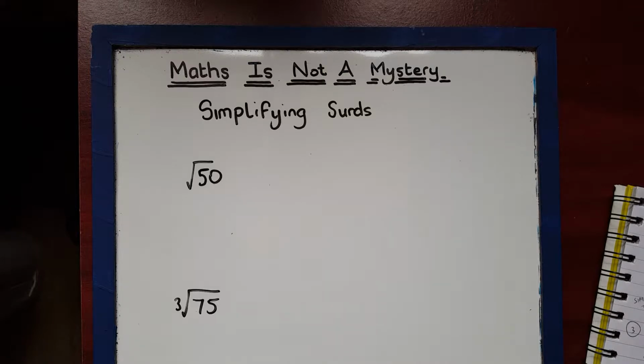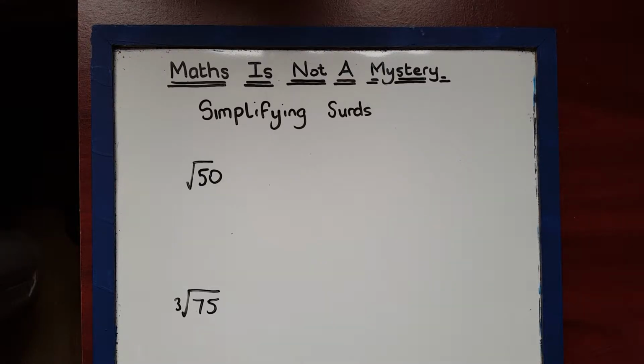So you think about the square numbers 1, 4, 9, 16, 25 and so on, and see whether one of those numbers will divide into the number that we're dealing with. If more than one will, then of course you use the biggest, because we're always going for the biggest factor, highest common factor, as you've done in the past.